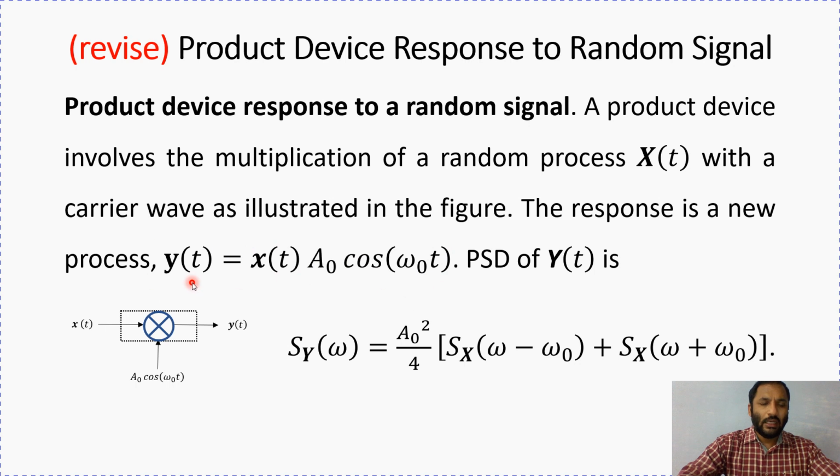So y of t is an amplitude modulated signal. And we know, yesterday we derived that the power spectral density of this AM modulated signal is of this form, where it consists of two copies of the PSD of the input process Sx, which are centered around plus omega naught and minus omega naught.